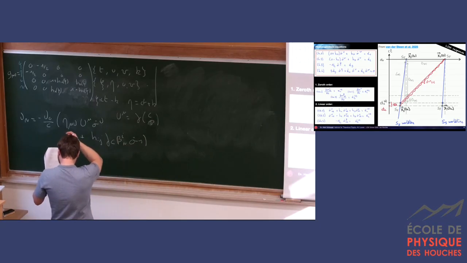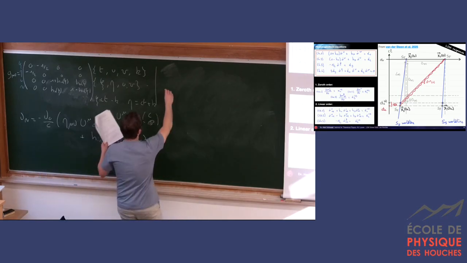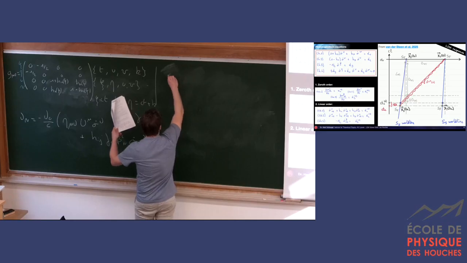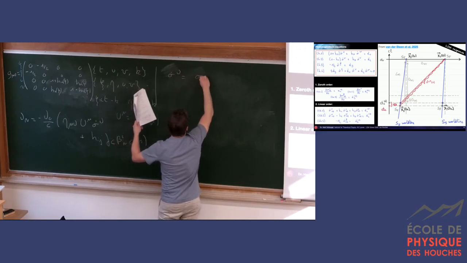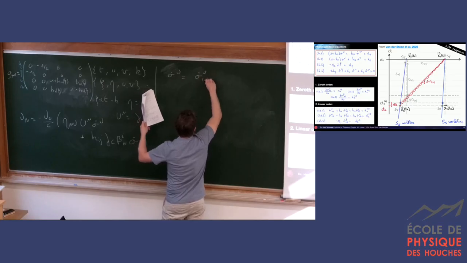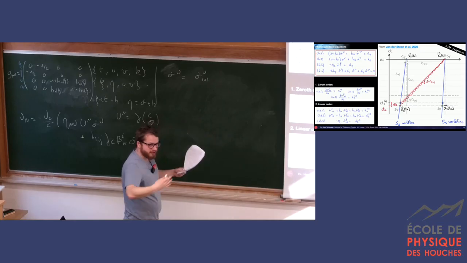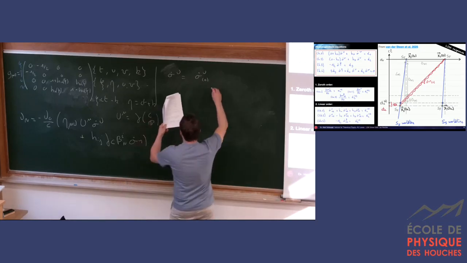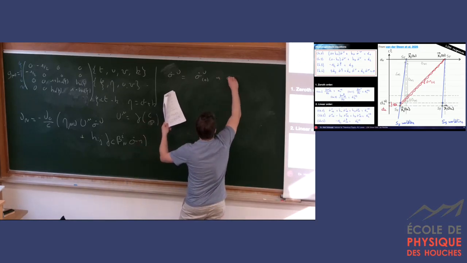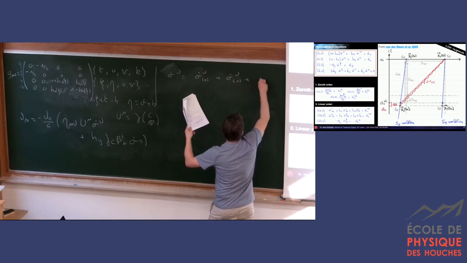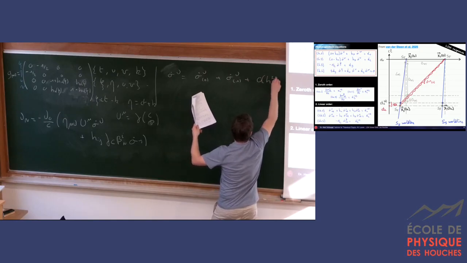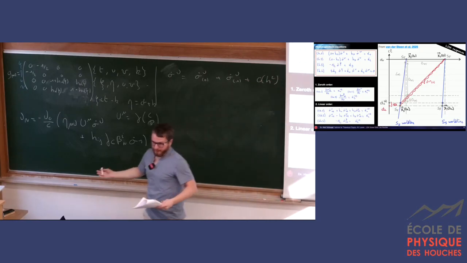Okay. So then, we're going to systematically decompose all the quantities between an unperturbed background, so one where you have no wave, and a perturbed one, so the correction due to the wave, plus anything which is nonlinear in h, which we are going to neglect.